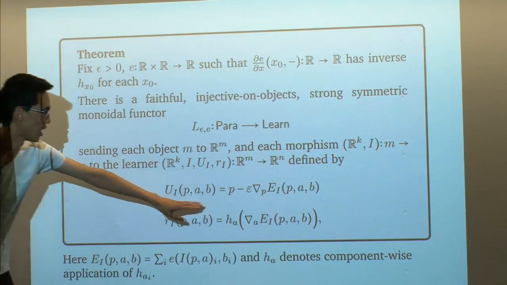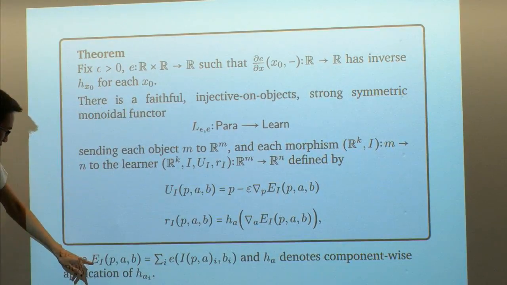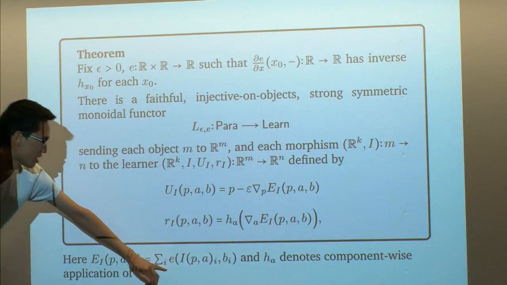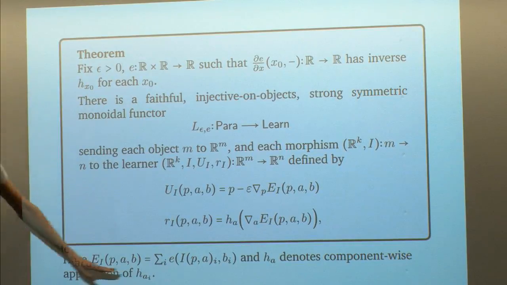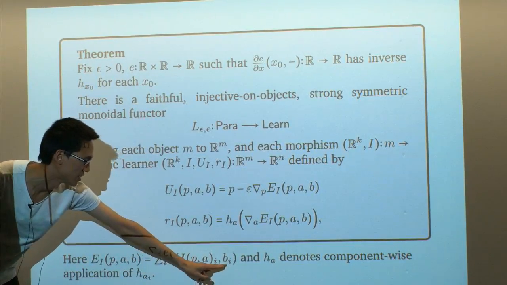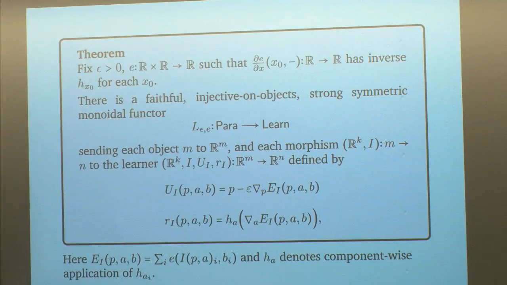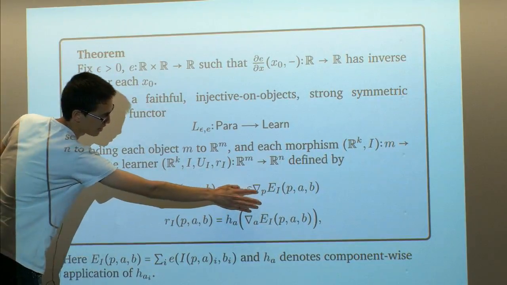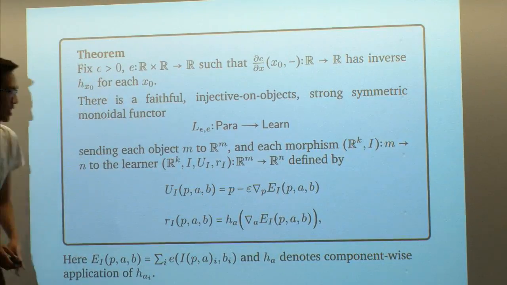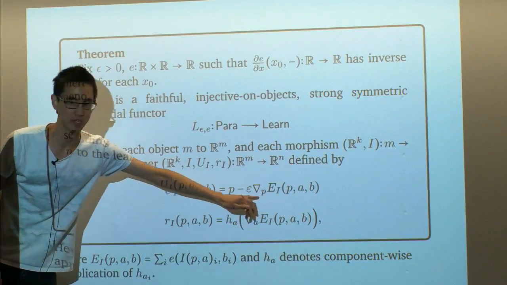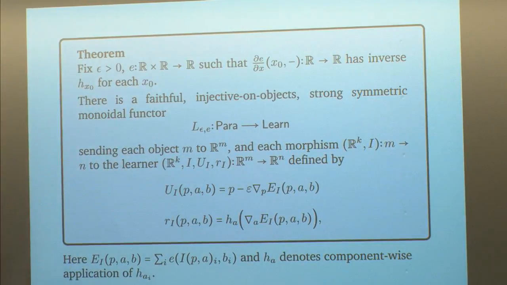So I'm going to write this capital E sub I for just the sum of the coordinate-wise errors between our hypothesized output and the true value. So this is just some net error function. And if we take the gradient of that with respect to the parameter space P, we're just going to update by taking our parameter and moving one step size in that gradient.